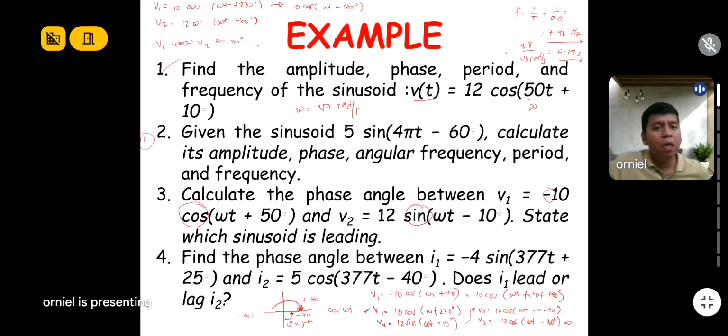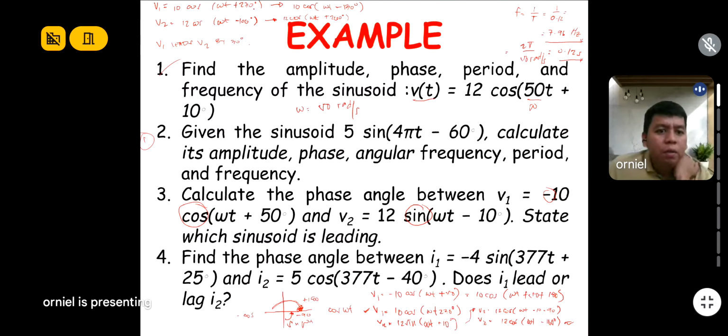We can also convert V2, negative 100 degrees, so V2 can be 12 cosine omega t plus 260 degrees.